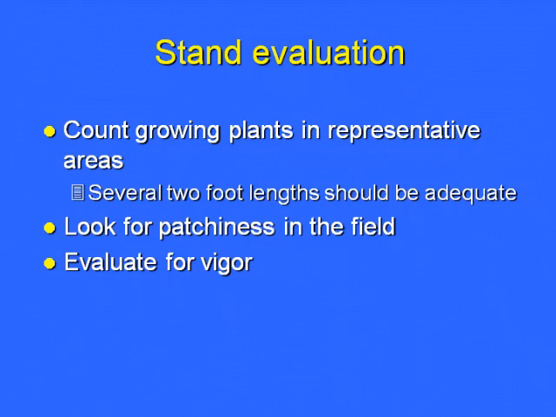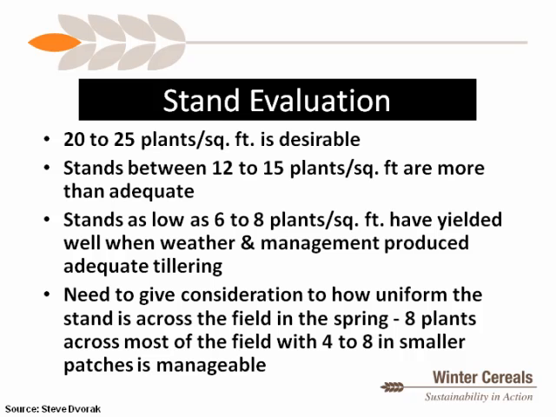Are there big areas where plants are missing versus plants regularly missing throughout the row? And again, I think one should evaluate for vigor because even though we have a live plant, a plant that is kind of just hanging in is probably going to need a little different management than one that's vigorously growing.